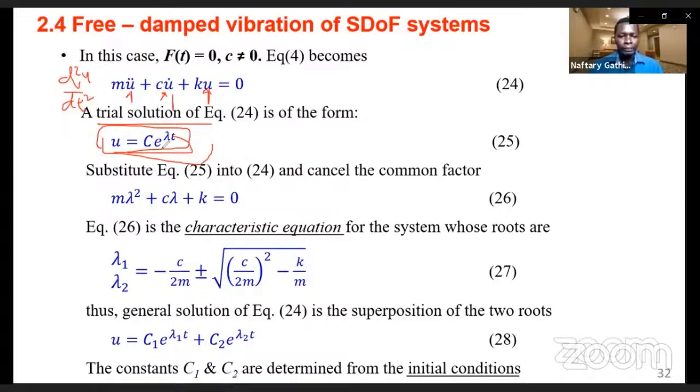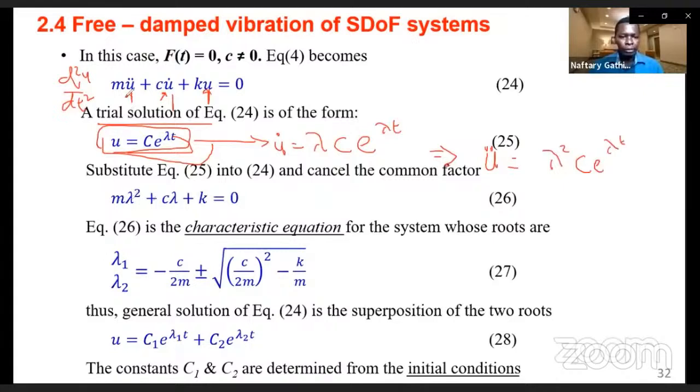When you differentiate u once, you get lambda c e raised to power lambda t, which is u dot. If you differentiate again to get the acceleration, u double dot, you have lambda squared c e raised to power lambda t.